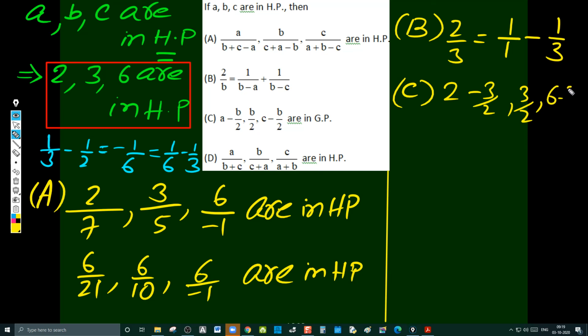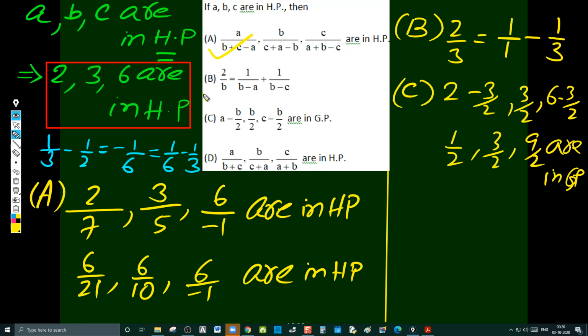Or in GP, this is 1 by 2, 3 by 2, 12 minus 3, 9 by 2. Common ratio 3, or in GP. So that is also correct. A correct, B correct, and C correct.